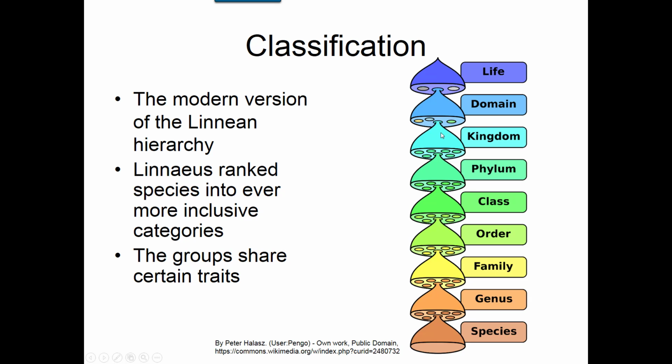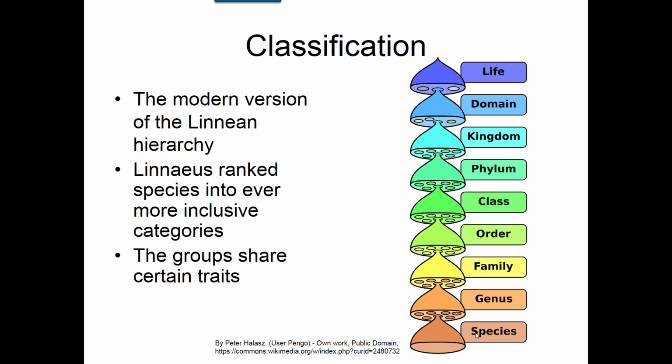Then the domains get divided into kingdoms, and each of the kingdoms gets divided into phyla. Each of the phyla gets divided into classes. The classes get further divided into orders, and then you go to family, genus, and then finally you're at the species level. So Linnaeus ranked species into ever more inclusive categories based on shared characteristics.